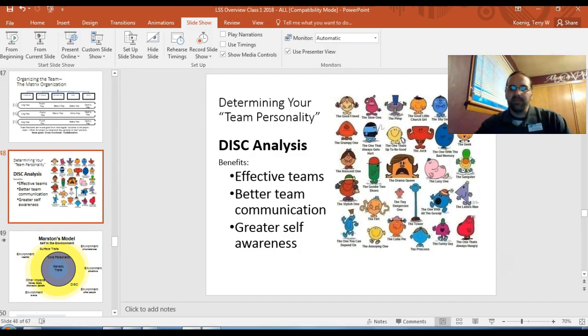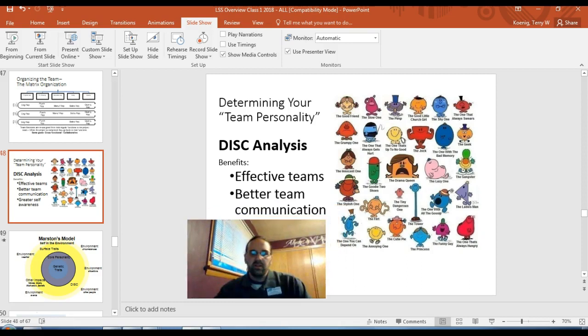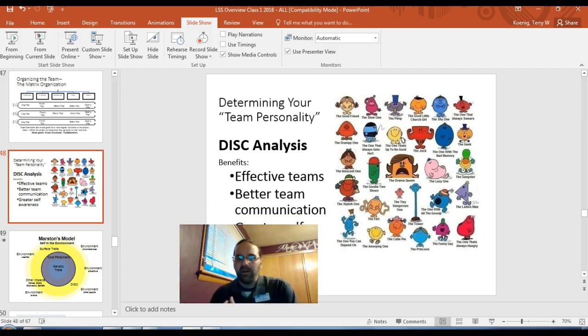Determining your team personality. Oh, isn't this cute? So, self-awareness. You might be one of these people on the team, right? Determine your team personality. Determine your own personality. Who are you? Are you the grumpy one, the stylish one, the annoying one?